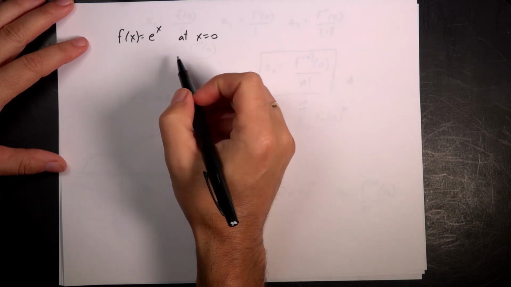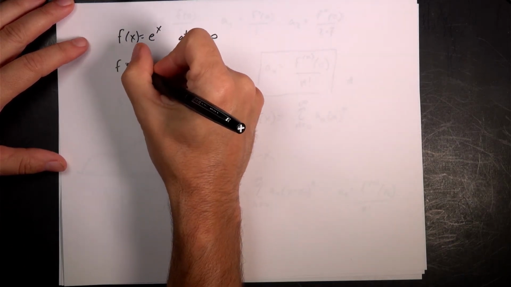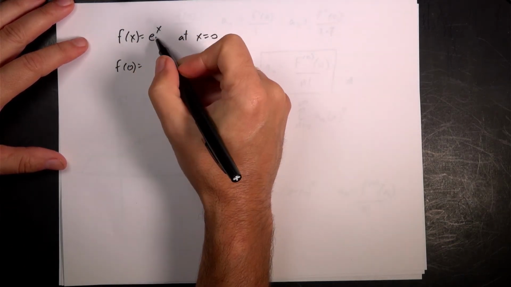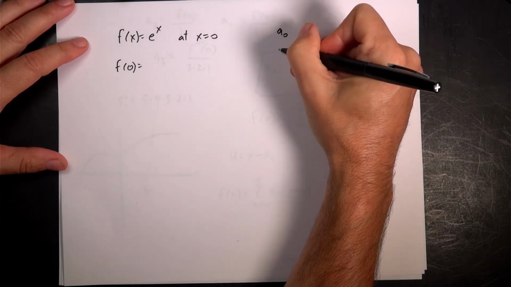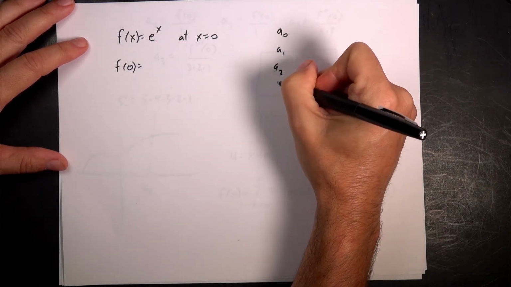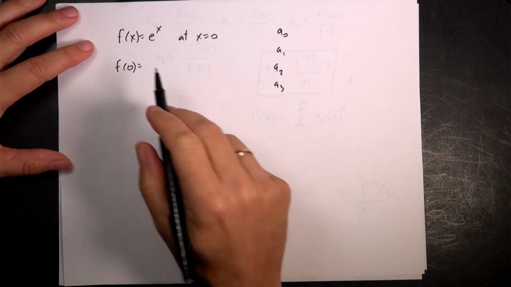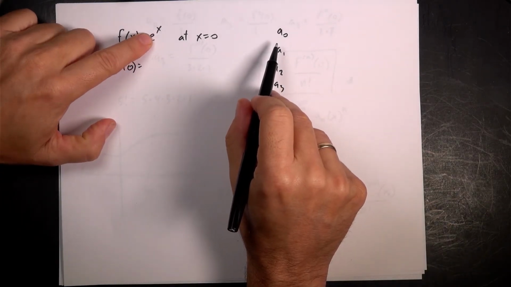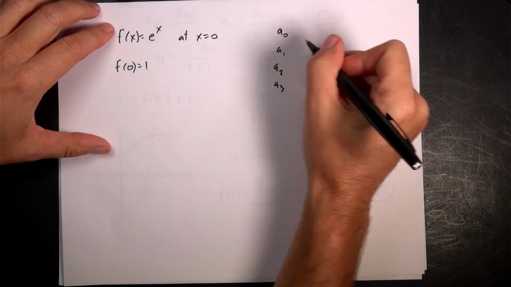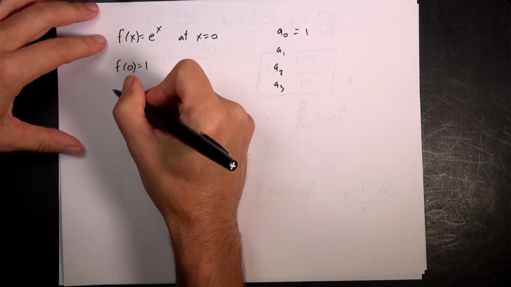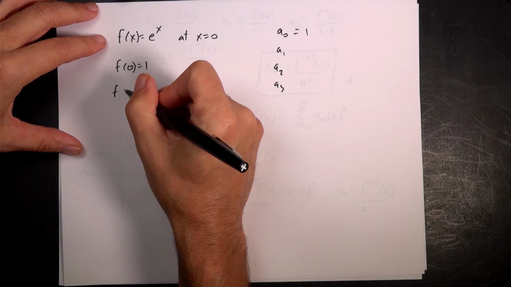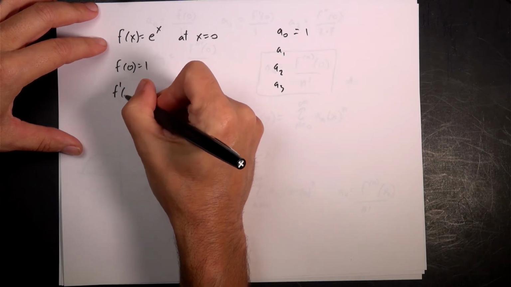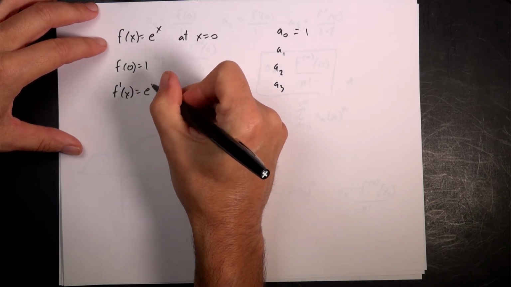Okay, so the first thing I want to do is to say f of 0 equals what? Because I need to find a0, a1, a2, a3. We'll go that far. So a0 is just going to be f of 0. If I put in x equal to 0, I get 1. So a0 is 1. f prime of x is going to be e to the x.